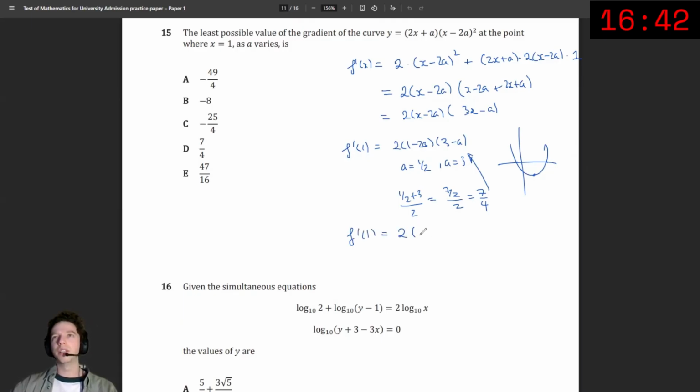So 2 times 1 minus 2 times 7 over 4, and then 3 minus 7 over 4. And then you should get, let's see, 1 minus 7 over 2, so that's minus 5 over 2. And here we get minus 5 over 4.